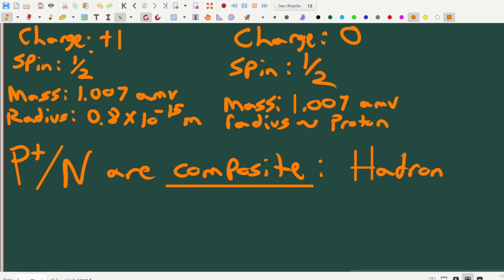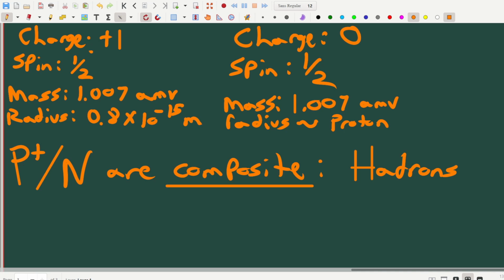The LHC, the big collider in Switzerland, is called the Large Hadron Collider. The LHC was built to collide protons together and blow them apart. That's why it's called the Large Hadron Collider. It takes protons, hadrons, and collides them together at very high energies. And when you collide protons at very high energies, they break apart into a million pieces.